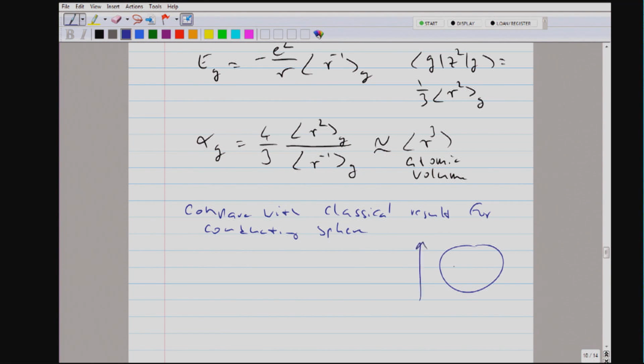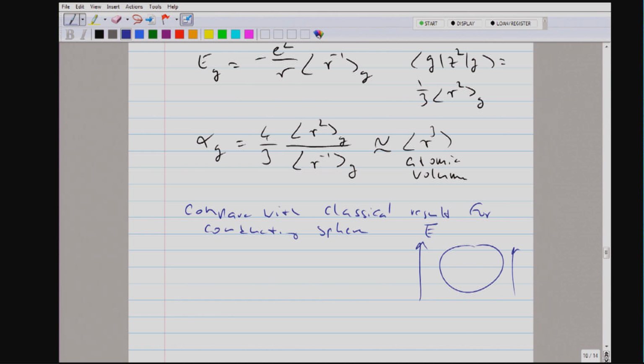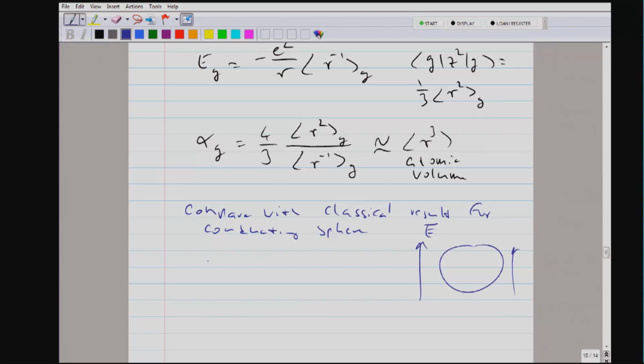For a conducting sphere in an electric field, you can exactly solve the boundary value problem, get the electric field, and find the dipole moment. And the exact result is that the dipole moment is the electric field times the cube of the sphere.